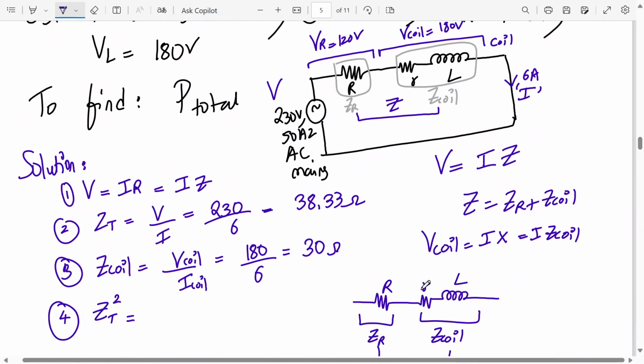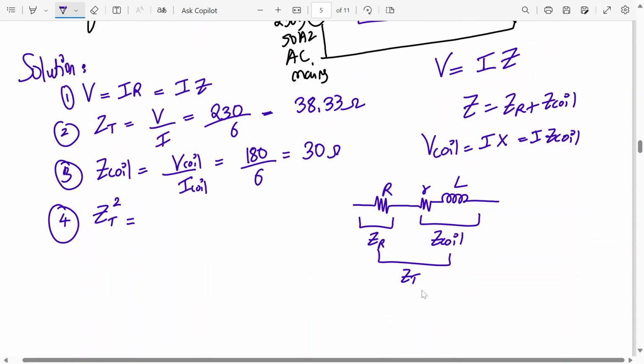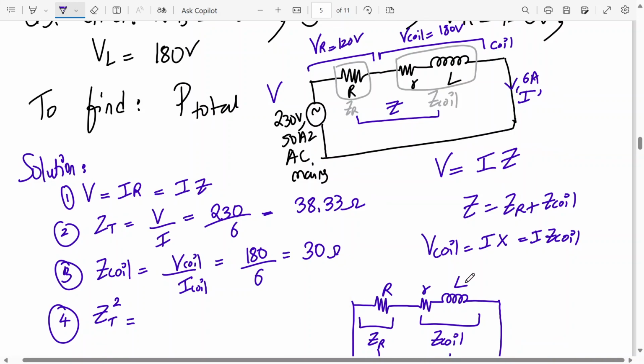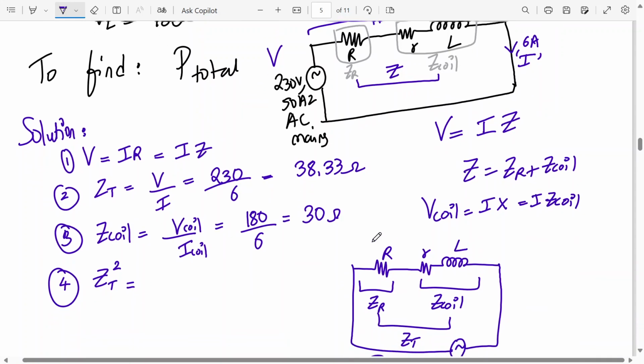You need the total power, right? Okay, first, what is the total power given by? I square into total R, right? So the total current is given to you, so we need the total R. That means we require the values of small r, capital R and L. Correct? So that is what we are finding.